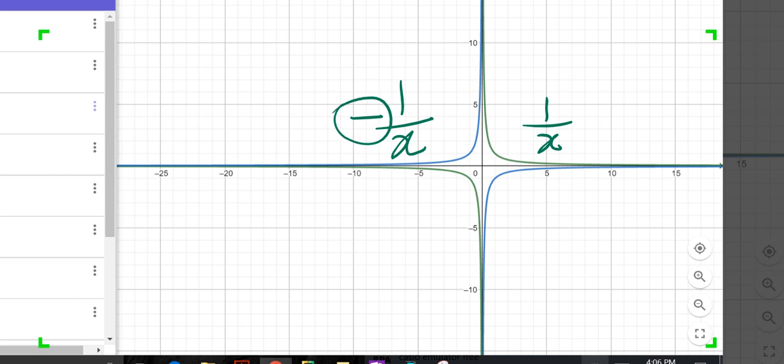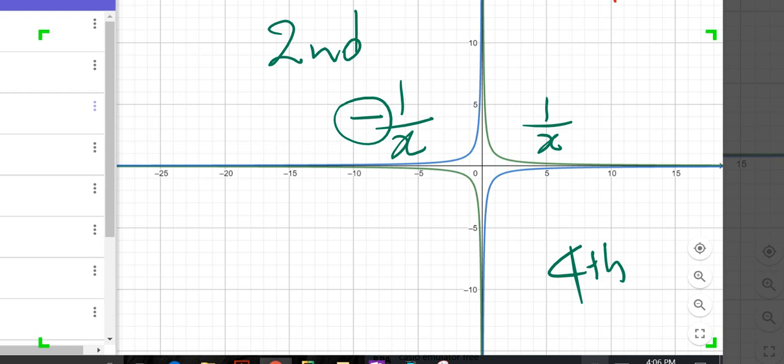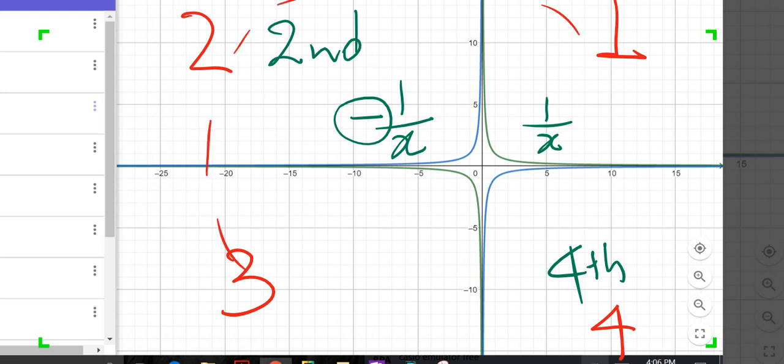So when I have minus in front, my hyperbola appears in the second and the fourth quadrants. Just a reminder for those who don't remember, this is my first, second, third, fourth quadrant, anti-clockwise, moving like this.